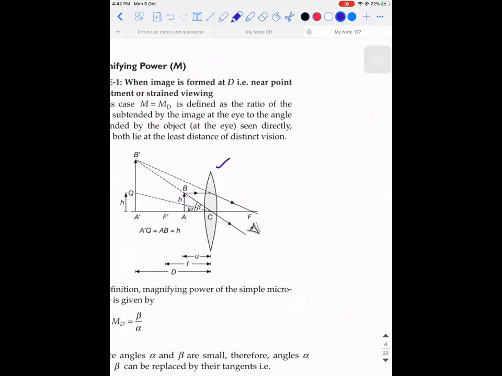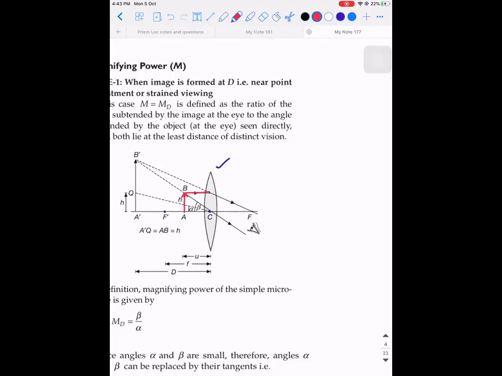So you're looking at the same object, but where is that object placed with respect to the simple microscope? It is placed between the optical center and the focus such that it forms a virtual and magnified image A dash B dash. Am I clear? Okay, so how is it formed? It is very simple. I'm going to retrace it. It is an extended object.